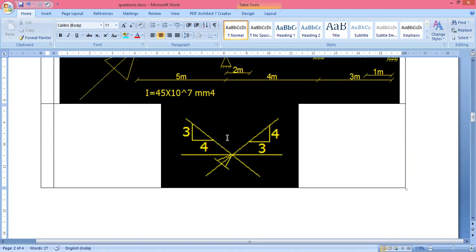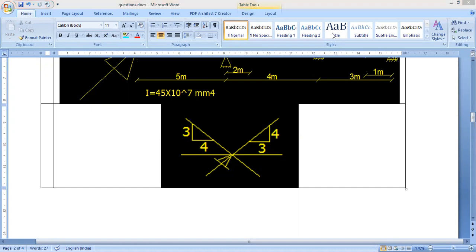From the geometry, since the angle between these two lines is perpendicular, the slope of this line becomes 3:4. Therefore, horizontal is 3 and vertical is 4. So this is what is required. We have to take the x value as 3 and the y value as 4 instead. I will just explain how to use that.